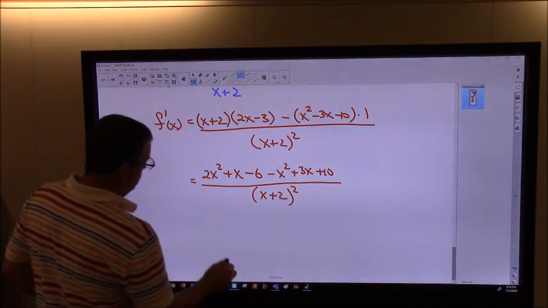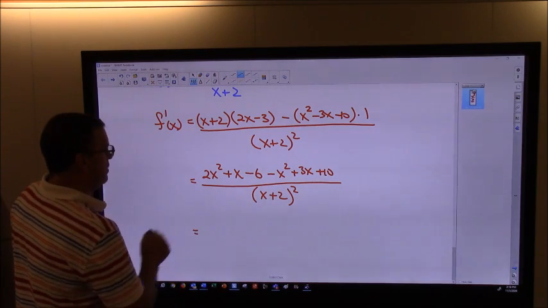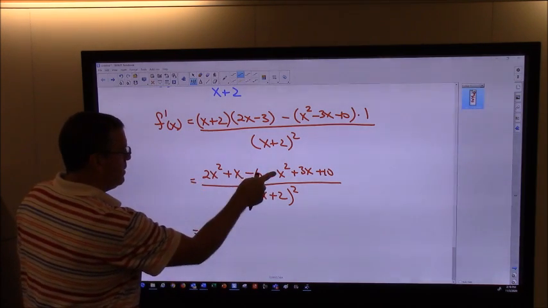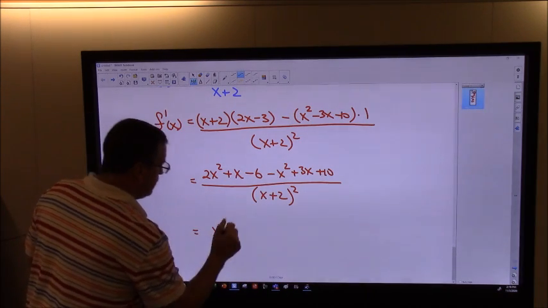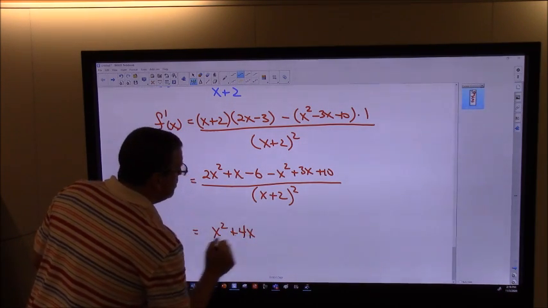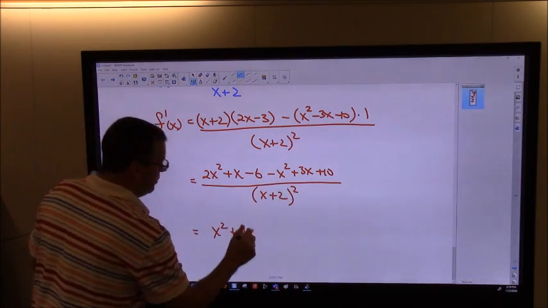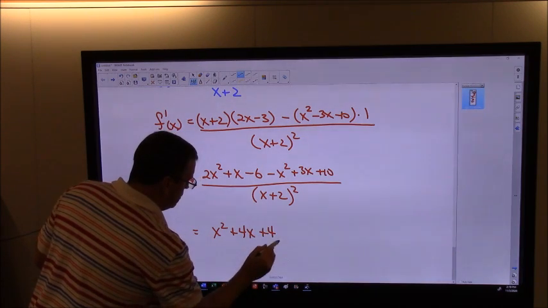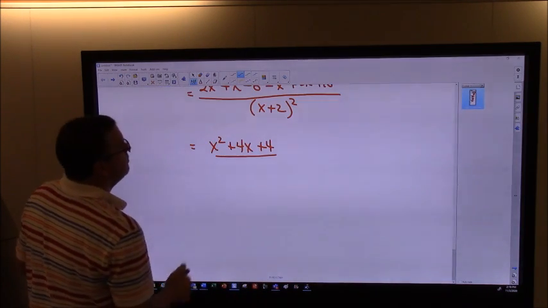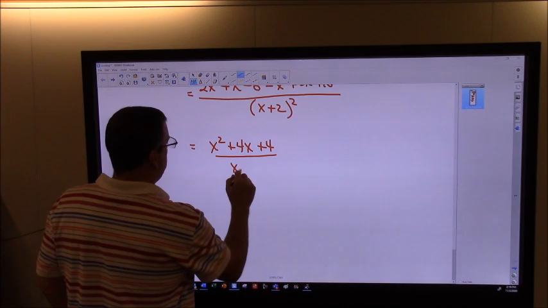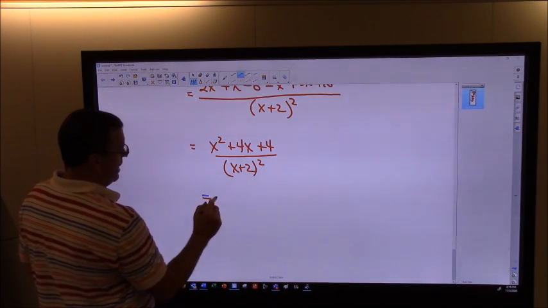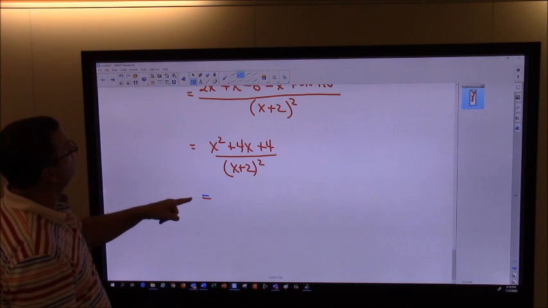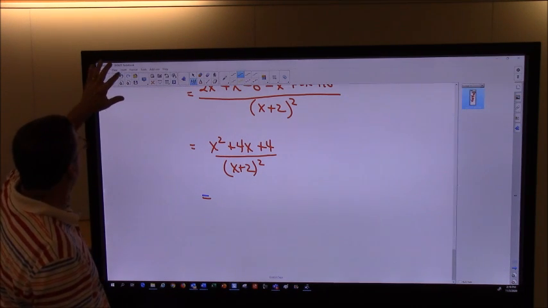And let's see what happens here. 2x squared minus x squared, that would be just x squared, plus 4x, and 10 minus 6, that would be 4. And so I get x plus 2 squared right here. So now I'm going to factor this. Whoa, how'd that happen?